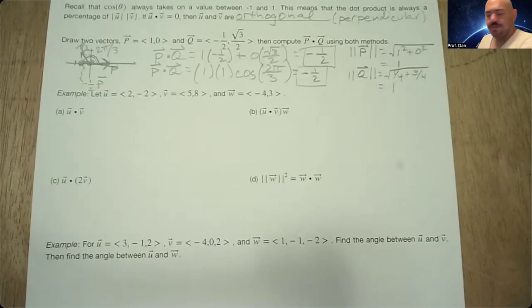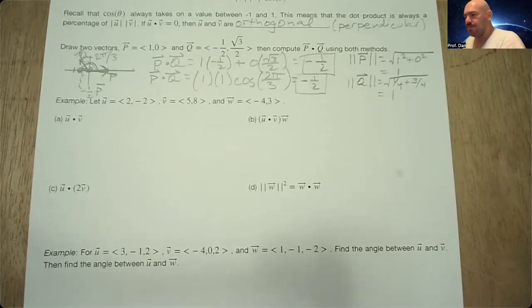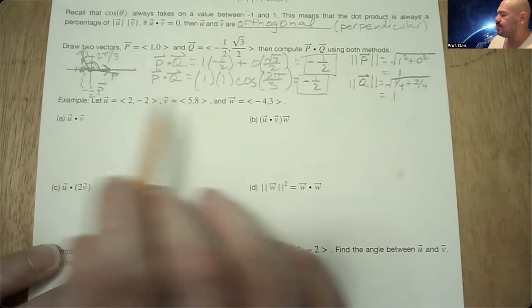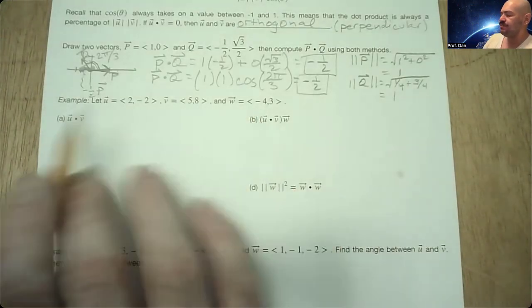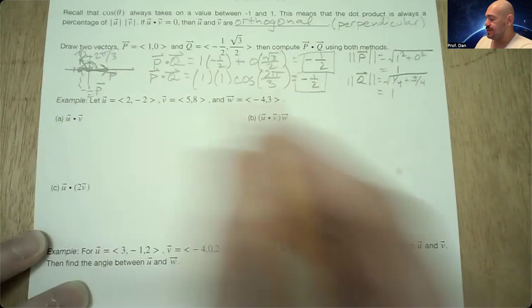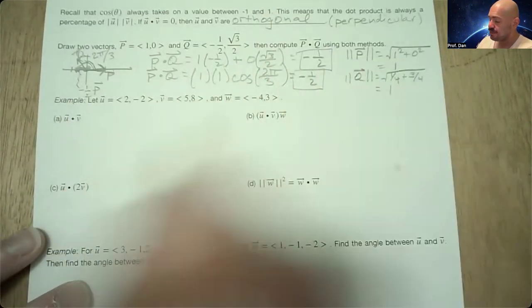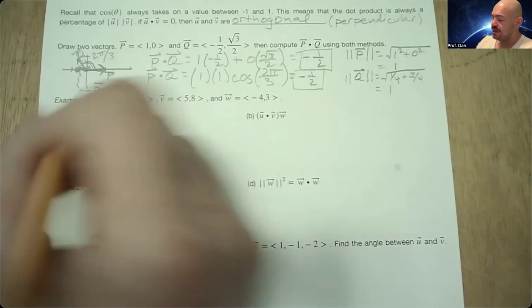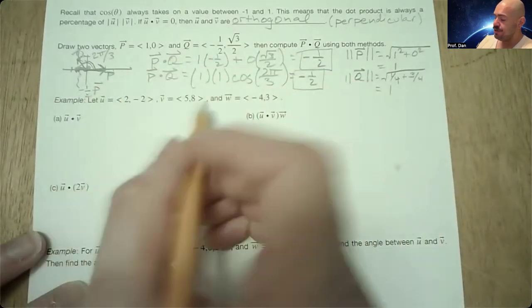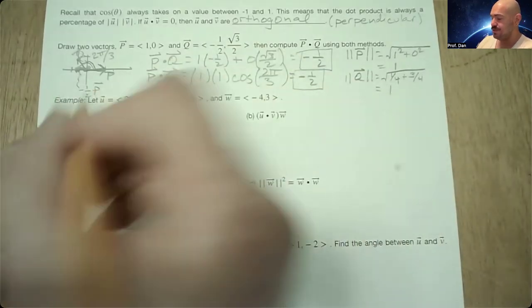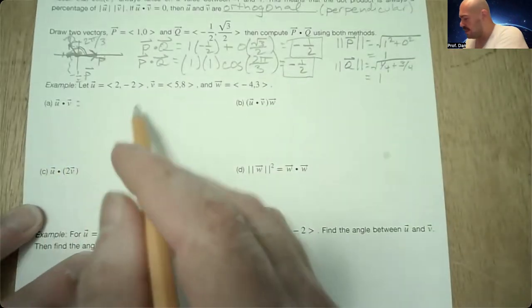All right, so for the next example, we're just going to be doing some computations using dot products. So we have these three vectors defined up here. First thing we want is u dot v. Since I know the components of both u and v, I can use that first formula to find my dot product.